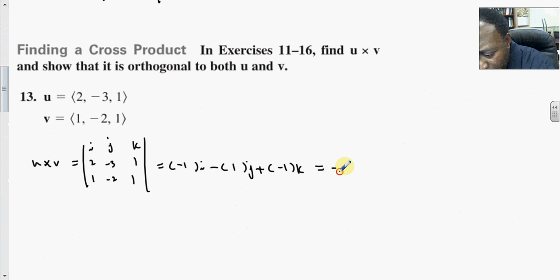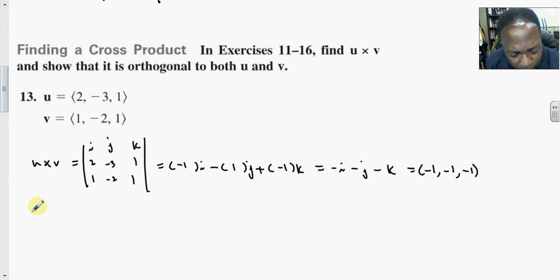So here we have negative I minus J minus K. Now we need to show, and you can write this if you want, as negative 1, negative 1, negative 1.